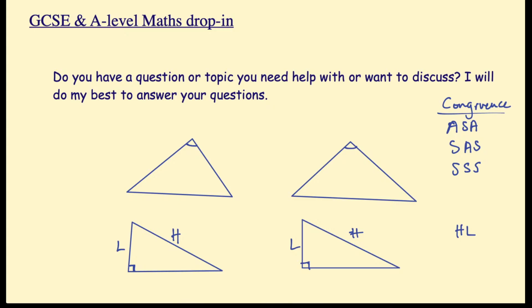And I also forget why. So it has something to do with the area of a circle. So the area of a circle is pi r squared.